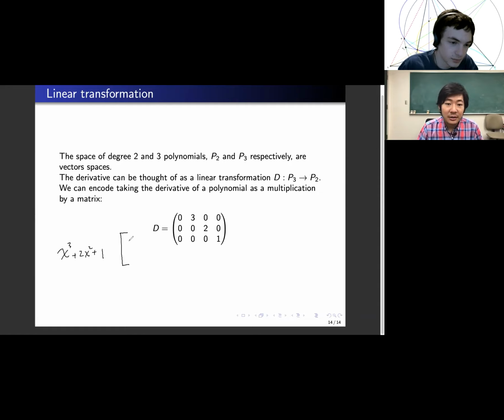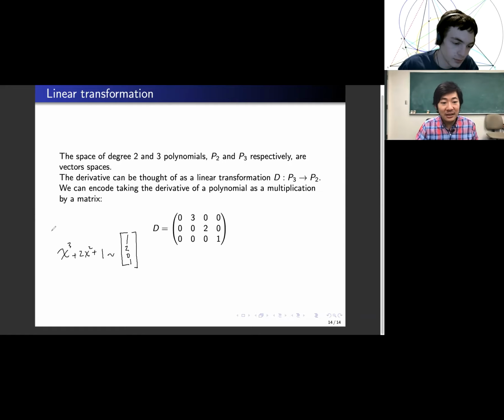So this can be represented by the vector 1, 2, 0, and 1.